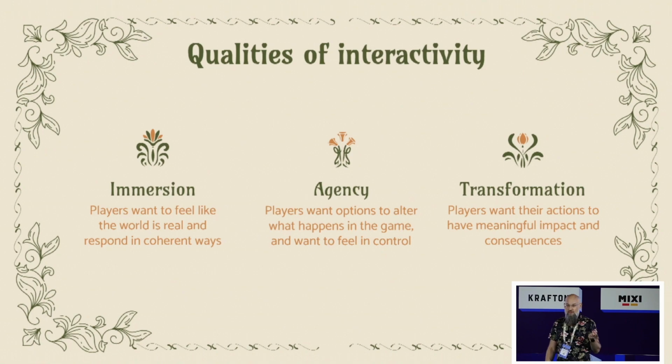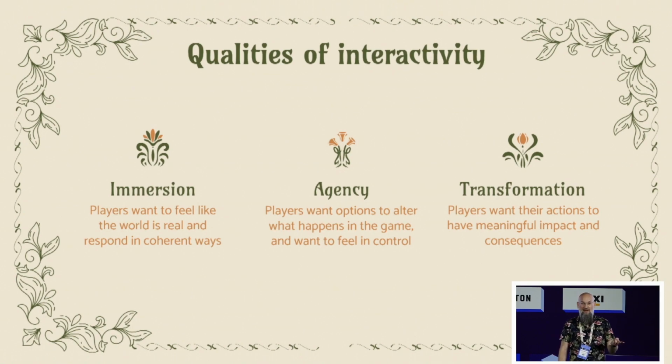Players really want to feel as though the world is real and responds to them in coherent ways. If they do something and they get nonsensical feedback, then it's not going to feel real to them. If aliens land in 1880, it's not going to feel real to them because this is a historical title, right? The second one is agency.